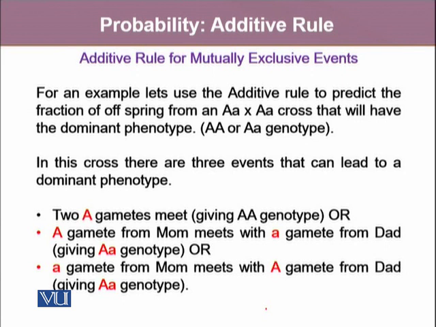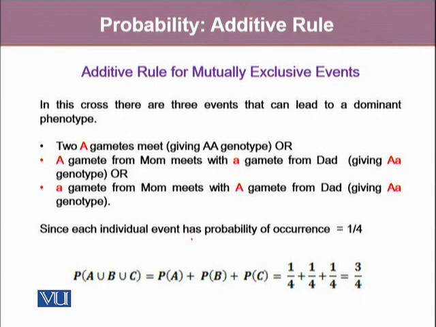Either two capital A gametes meet, giving the AA genotype, or a dominant gamete from mom meets a recessive gamete from dad, giving the capital A small a genotype, or a recessive gamete from mom meets a dominant gamete from dad, giving the Aa genotype. So there is this OR in all three possible events. Let's call these three events event A, event B, and event C.